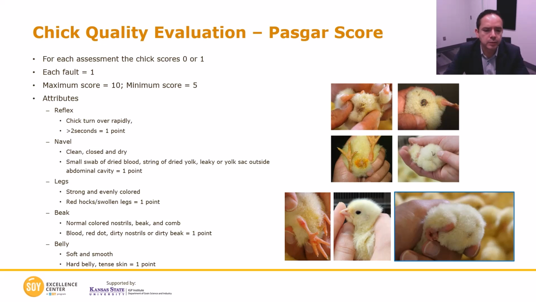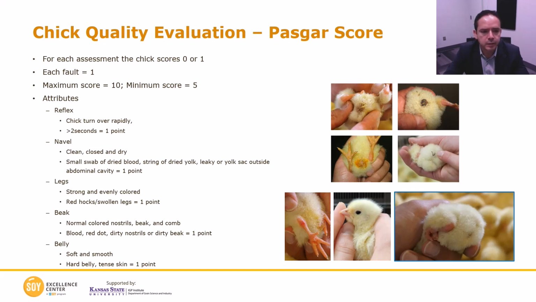There is one score that can be used to evaluate chick quality. It is called the PASGAR score. For each assessment, the chick is going to get a score of 0 or 1, and each fault is equal to 1 point. So the maximum score that a chick can get is 10, and the minimum score is 5.